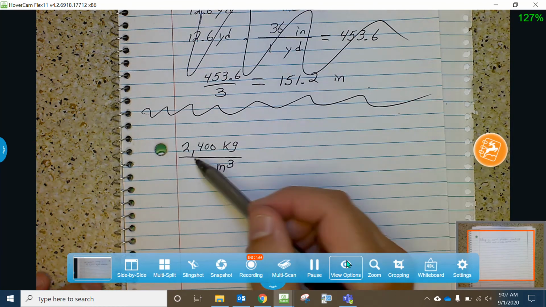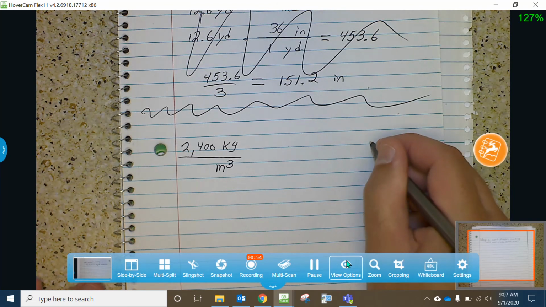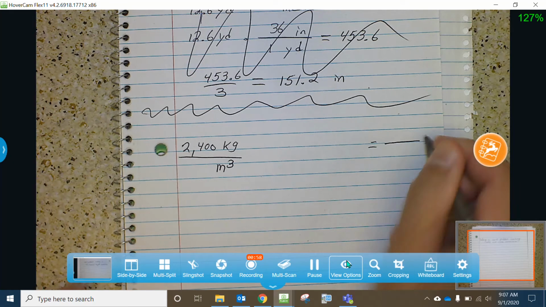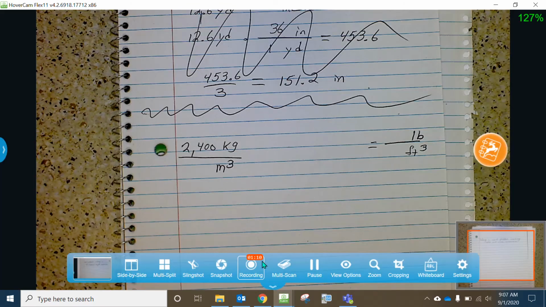So 2,400 kilograms per meter cubed. We have to get to pounds per feet cubed, and they're looking for the answer in pounds per feet cubed.